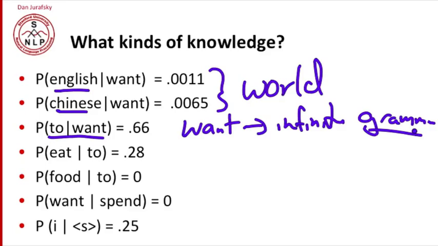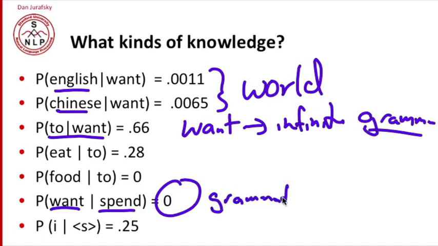And what about the probability that want, given that the previous word is spend, is 0? That 0 seems to be caused by a grammatical fact. Spend want is two verbs in a row. That kind of verb sequence doesn't seem to be grammatically possible in English. So that 0 is caused by a grammatical disallowing. How about this 0?